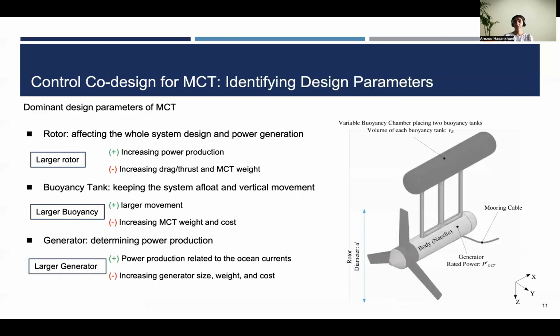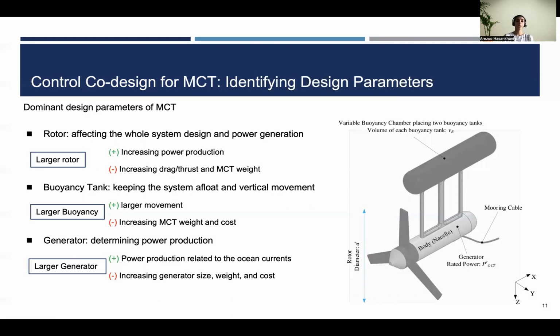Okay, the first task here is to identify the main design parameters in our system. The main design parameters in our system are rotor diameter, buoyancy tank size, and generator rated power. The first one is rotor, which affects the whole system design and power generation.